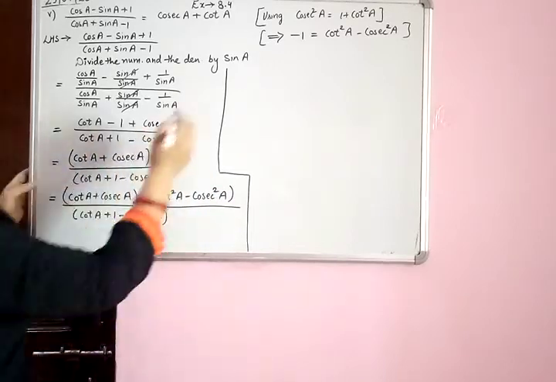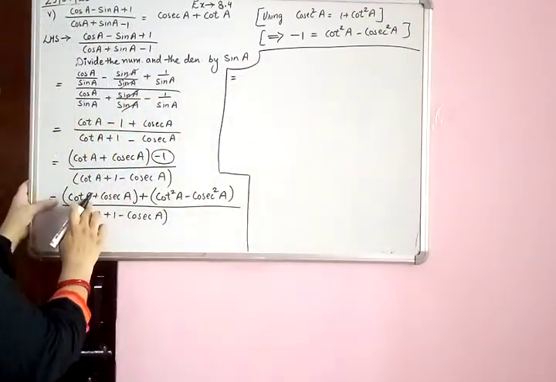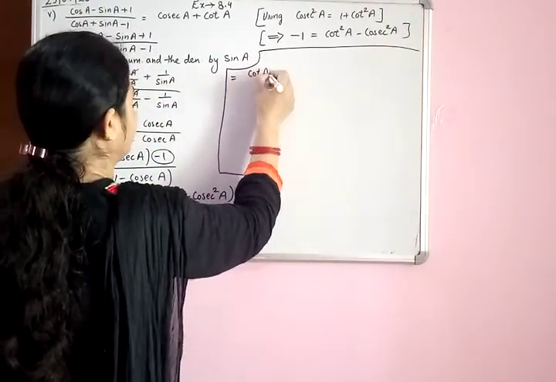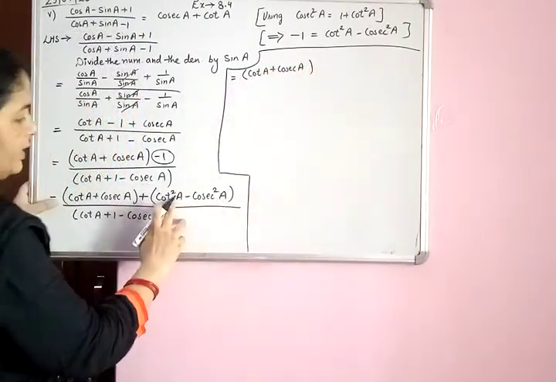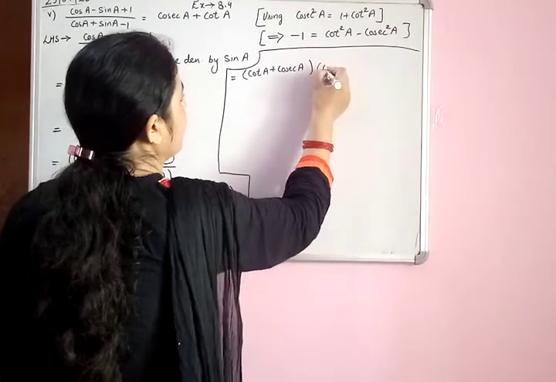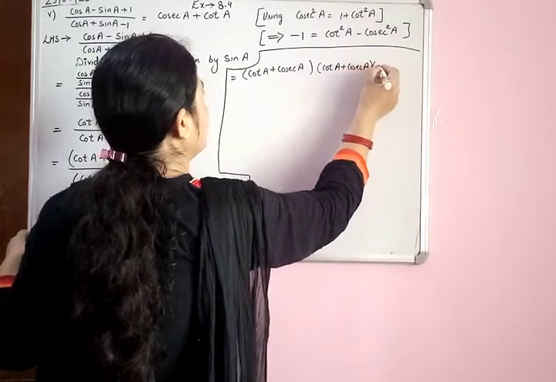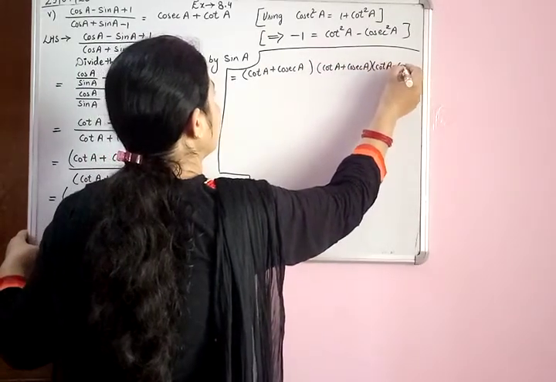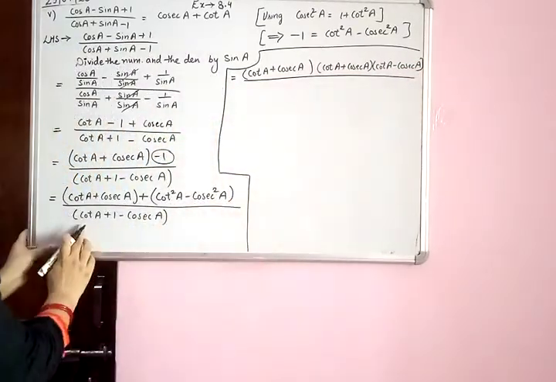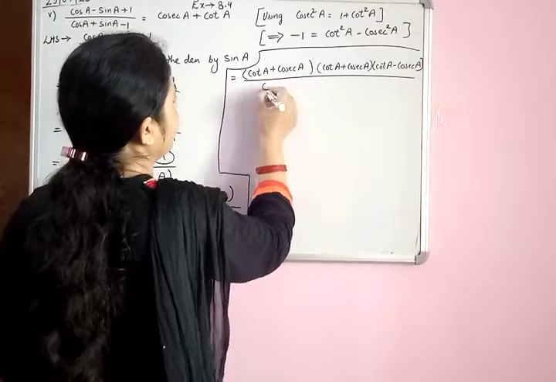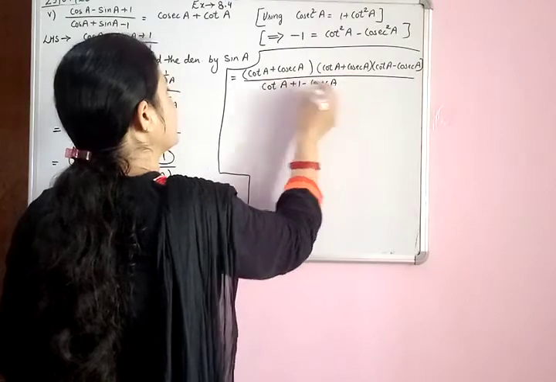Now in place of the term cot a plus cosec a, I can put cot a plus cosec a into cot a minus cosec a, whole divided by cot a plus 1 minus cosec a.